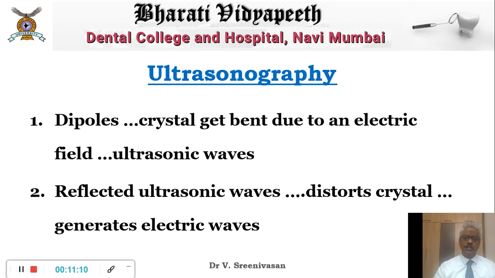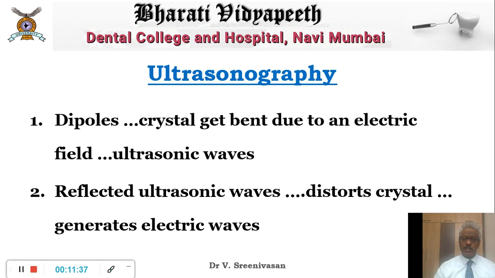Now, how do these ultrasonographic waves get generated? Ultrasonographic waves get generated by a crystal. These crystals are a kind of semiconductor. They have some charge, and therefore they are in a kind of equilibrium. When an electric current passes through them, the electrical charges which are already there in this material rearrange themselves and therefore distort the crystal.